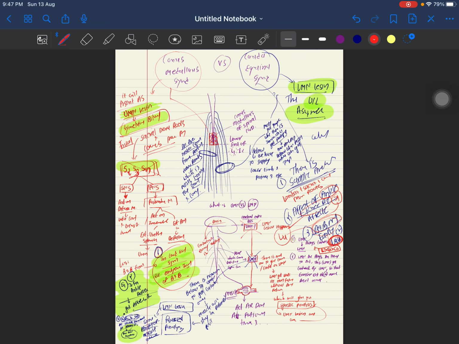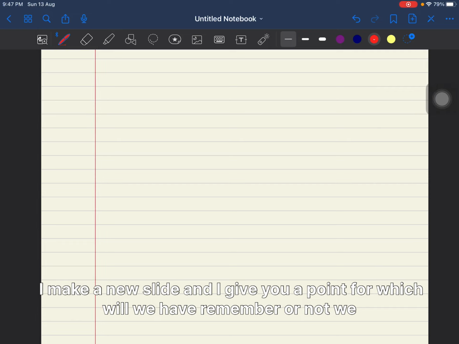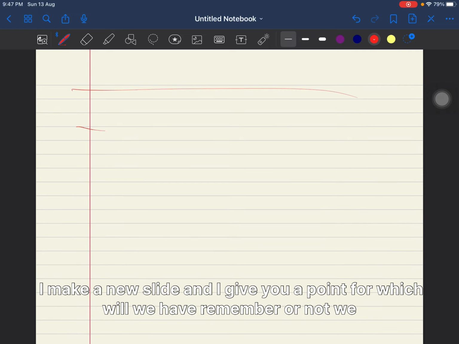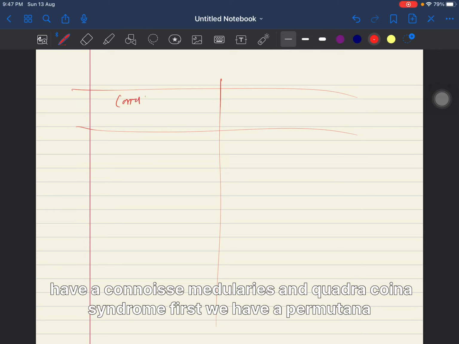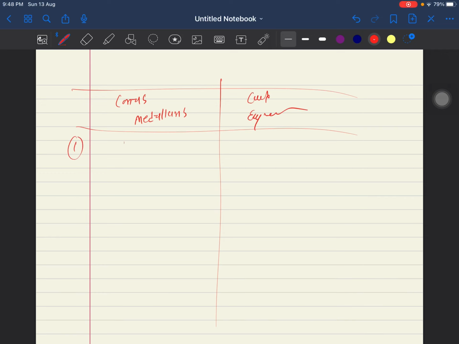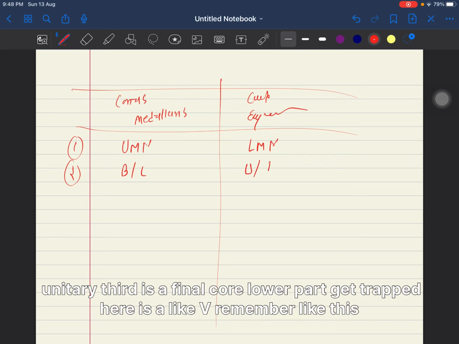So to sum up all the things, I make a new slide and give you the points you have to remember. We have Conus Medullaris and Cauda Equina syndrome. First, we have upper motor neuron palsy here, and lower motor neuron palsy here. Second, here it is bilateral, here it is unilateral.